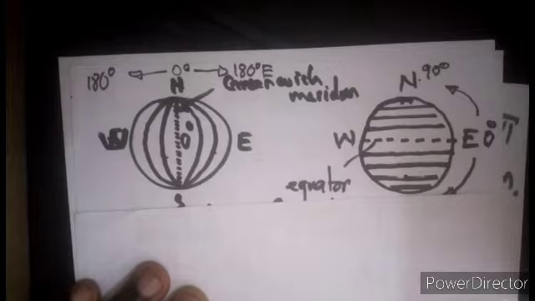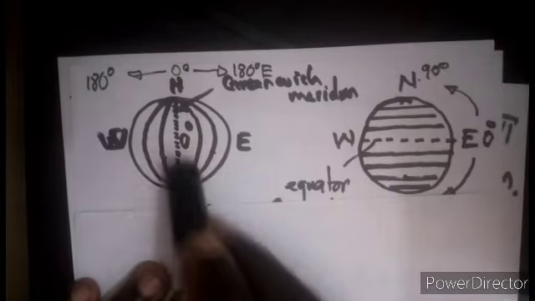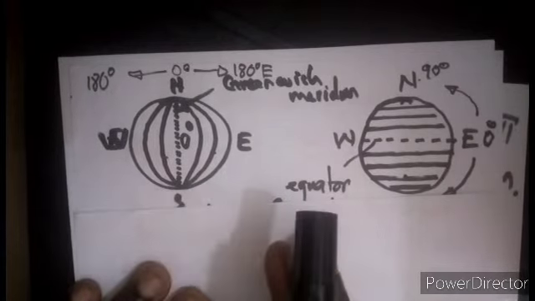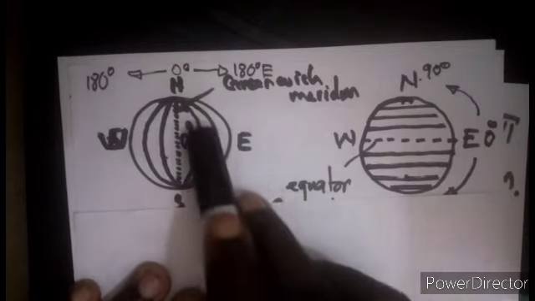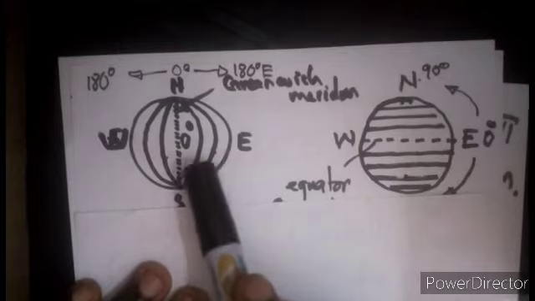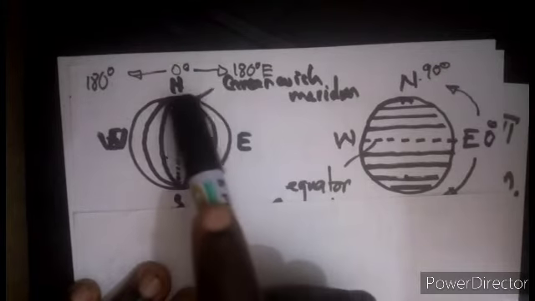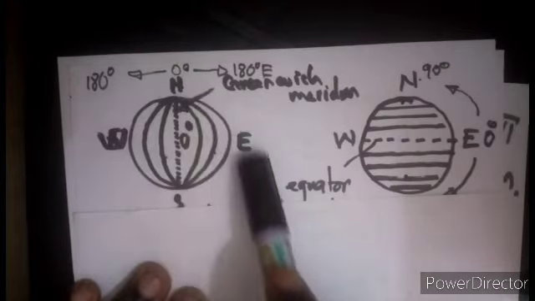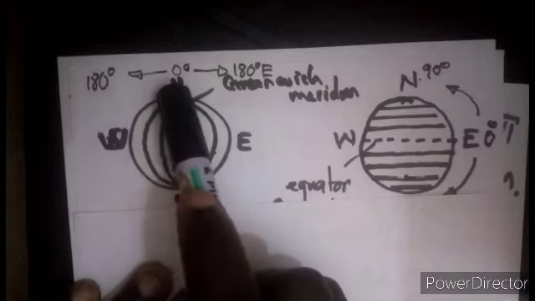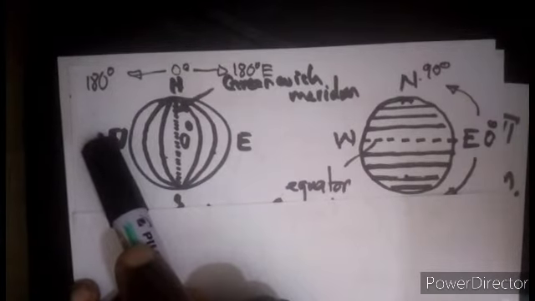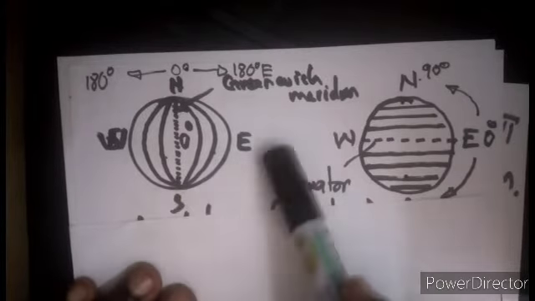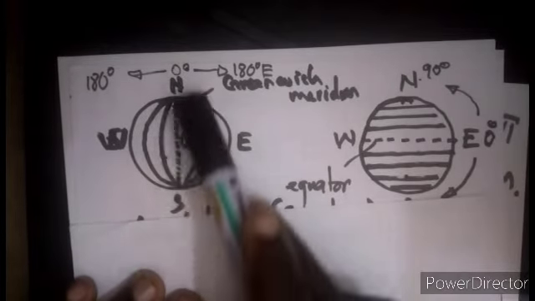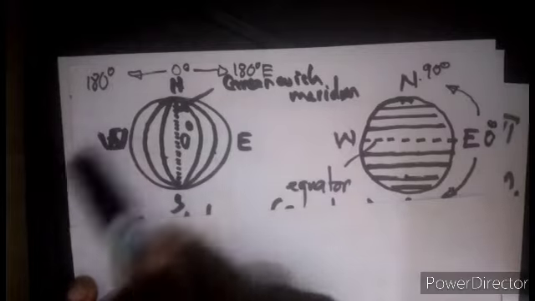The manner in which we measure the longitude is always from degrees north to east, or from degrees north towards west, or from south to east or south to west. But often we look at more of north to east or north to west.